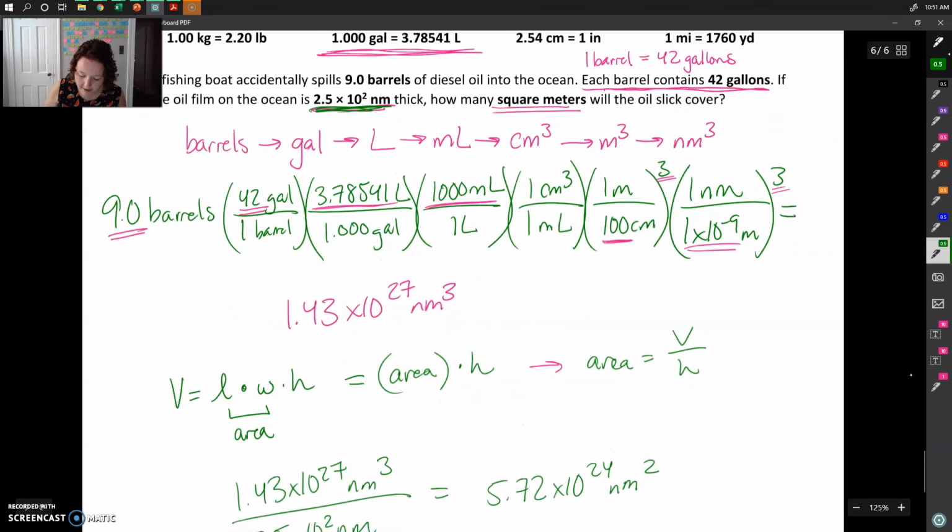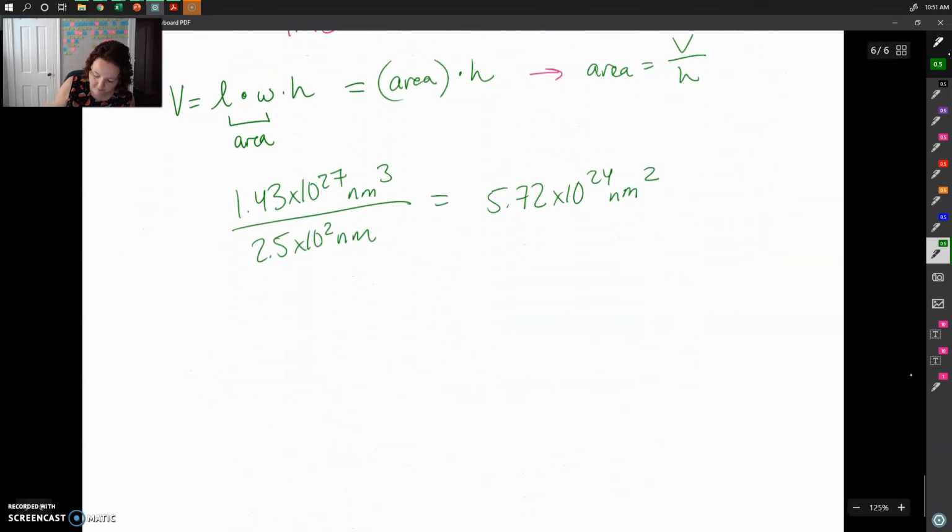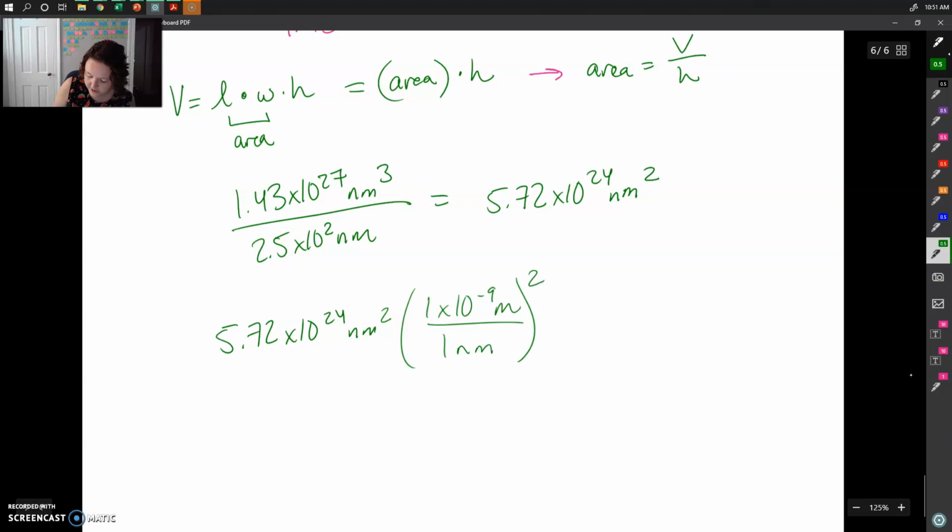So now I've got my area in nanometers squared. I just need to convert it into meters, because I want my final answer in meters squared. So the 5.72 times 10 to the 24th nanometers, not cubed, squared, I'm then going to multiply by the conversion factor between meters and nanometers, but also squared, right?